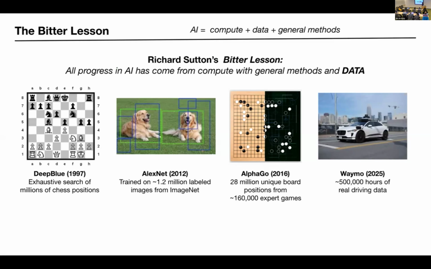This is a concept from a very popular science article by Richard Sutton, called the bitter lesson. Sutton and Barto, if anyone took reinforcement learning in the last 20 years, you probably used their textbook.